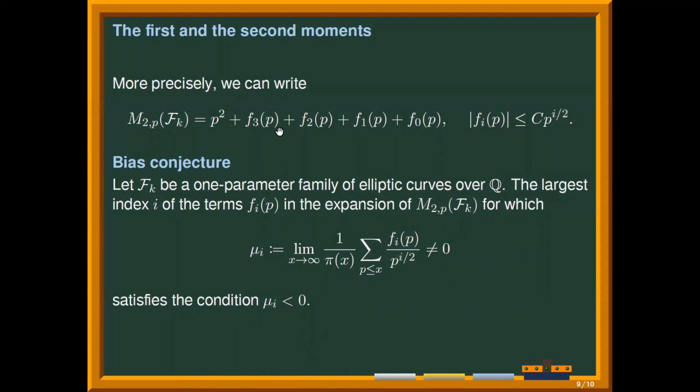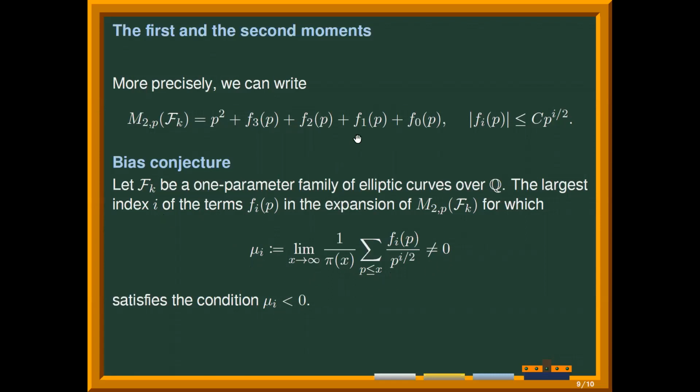So if you use index 3, and you get this mu_3 value to be non-zero, then the bias conjecture says that mu_3 is negative. Whereas if mu_3 is 0, so there's no bias in the moment of F_3(p) over p to the 3 over 2, then the conjecture says that if you go down to the second largest index 2, and your mu_2, the average of F_2(p) over p, is non-zero, then it will actually be negative.